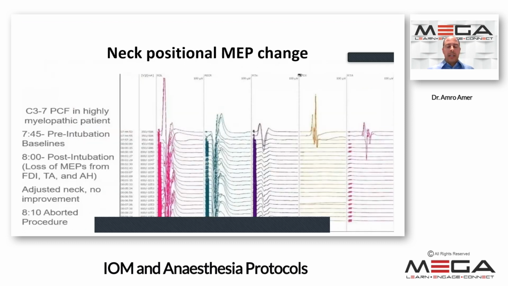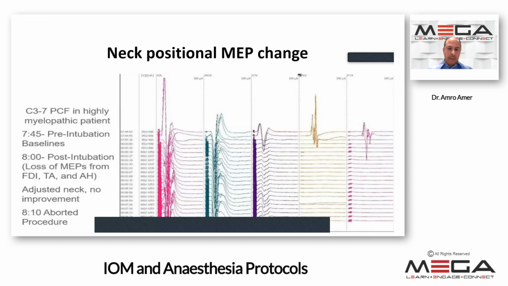Another way is what's called positional monitoring. So there are 2 positional changes. Usually that's in myelopathic, unstable neck. Say we're doing a posterior cervical on a patient who is unstable, he's myelopathic, and once we flip him, we take a pre-positioning baseline and compare it immediately with a post-positioning one.